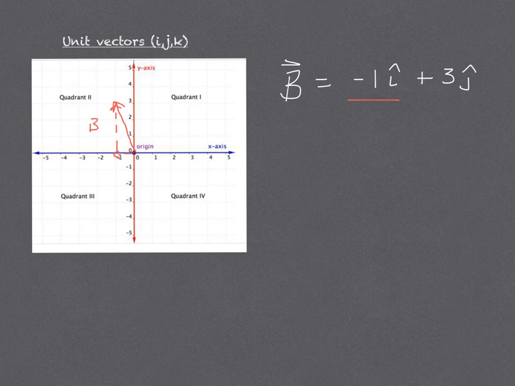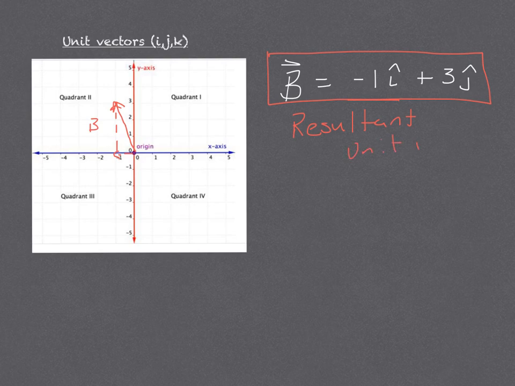So if a question asks you to find the resultant of B written in unit vector notation, this would be what the answer is. Okay, so that's really the resultant of B in unit vector form. If we want to solve for the resultant in, I think it's just Cartesian coordinate form, what we'd have to do is what we've done last year in honors, which is just use the Pythag.